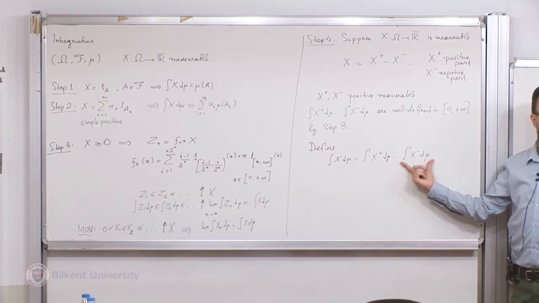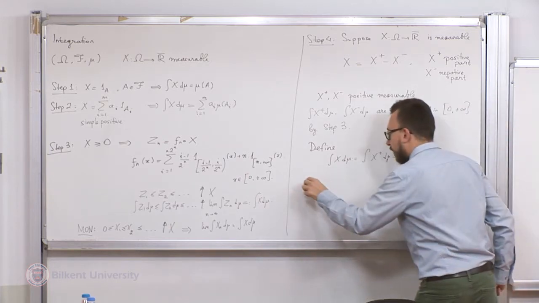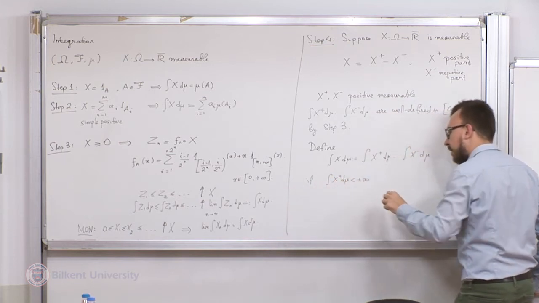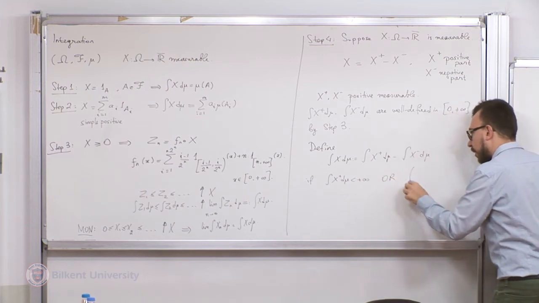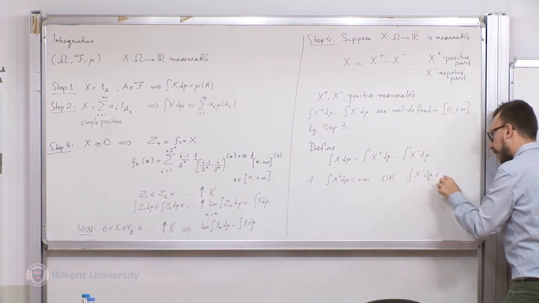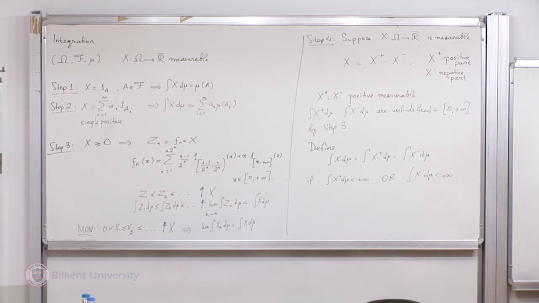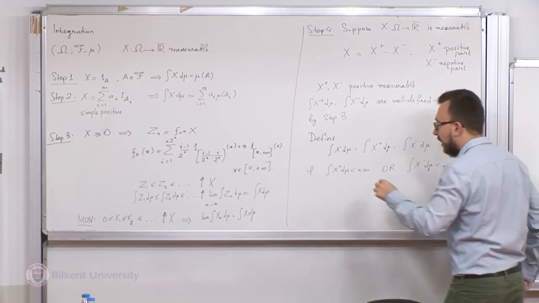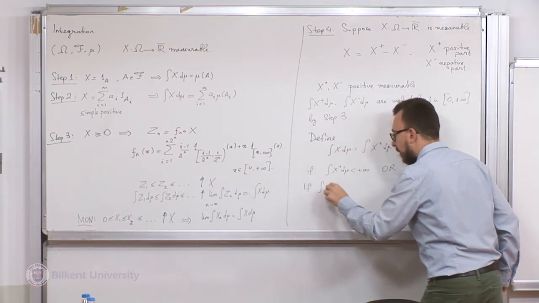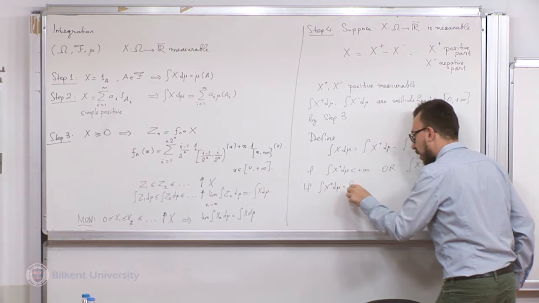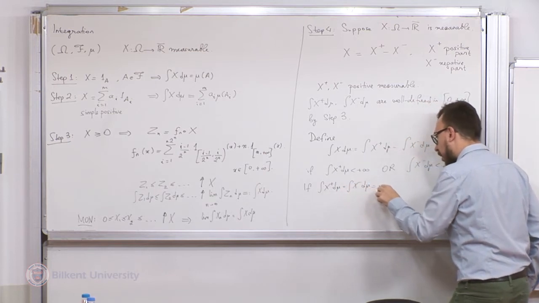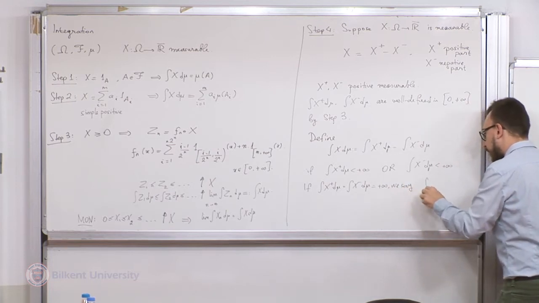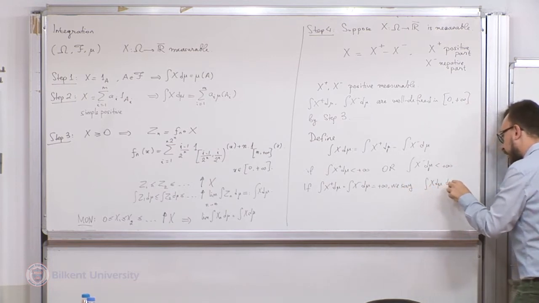Otherwise, you never have an issue. So if this is not infinity or this is not infinity, we can define it. Otherwise, if they are both infinity, we say the integral of x d mu does not exist.